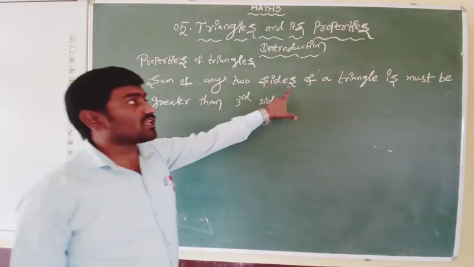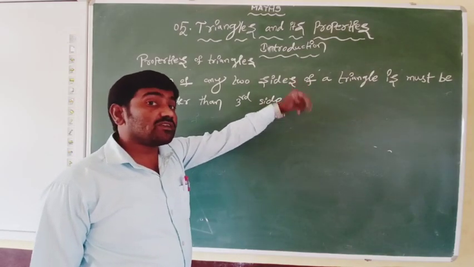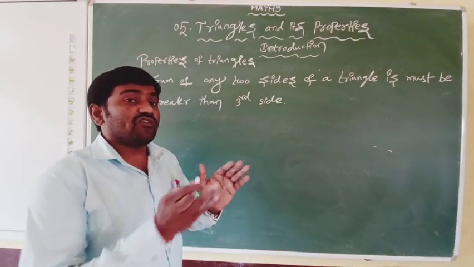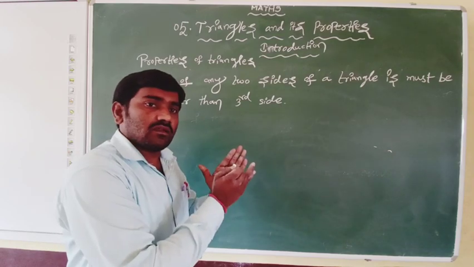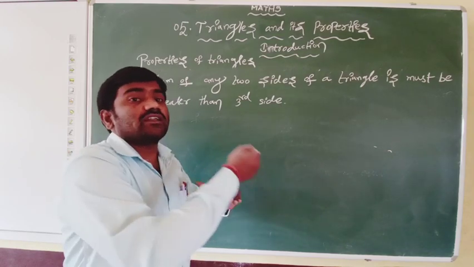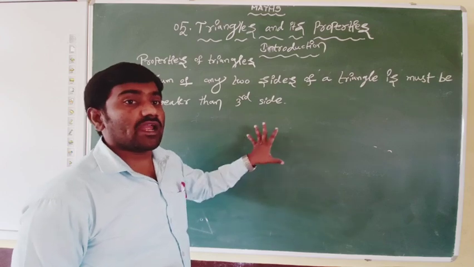Sum of any 2 sides of a triangle must be greater than the third side. That means if we add any 2 sides, the answer should be greater than the third side. Hence, the triangle is possible.